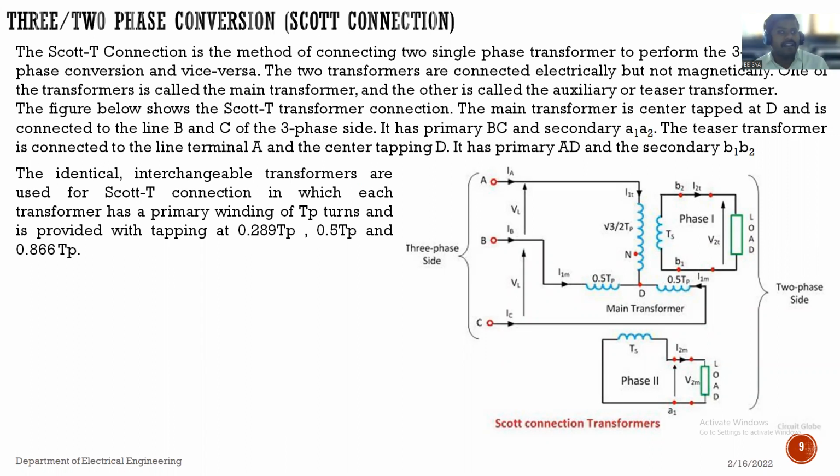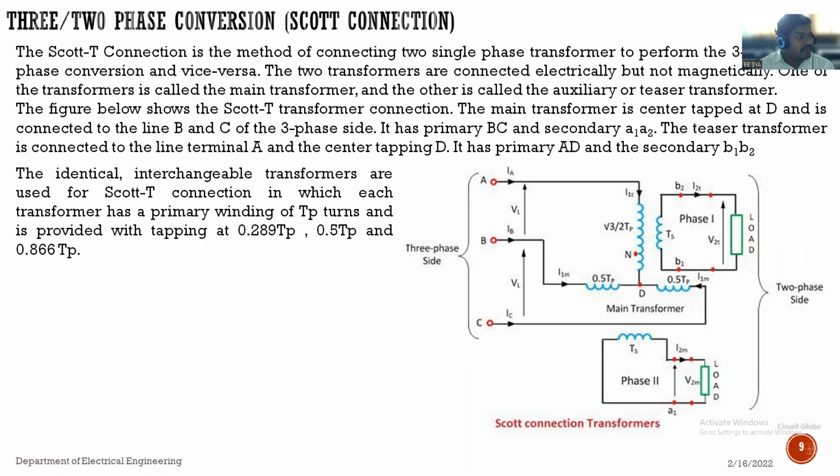We calculated that the number of turns is root 3 by 2, which is 0.866 times the primary number of turns. The teaser transformer's primary needs to have 0.866 times the turns present. We have also drawn the phasor diagram for the same.